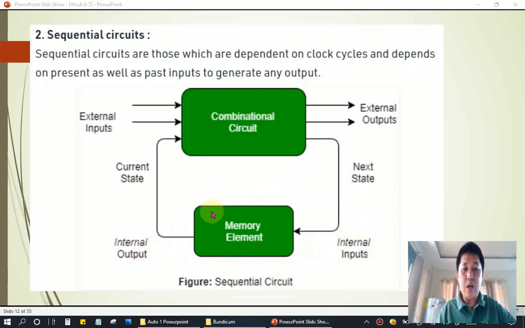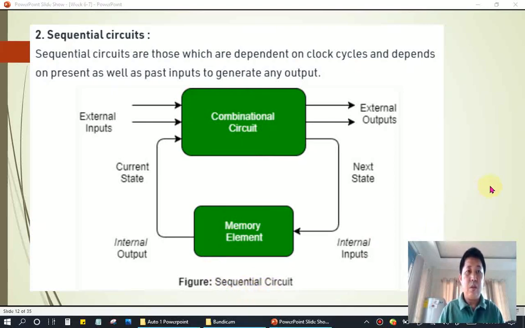So there is a memory element added. If there is no memory element added, that is a combinational circuit. And if there is a memory element added, this is already a sequential circuit.